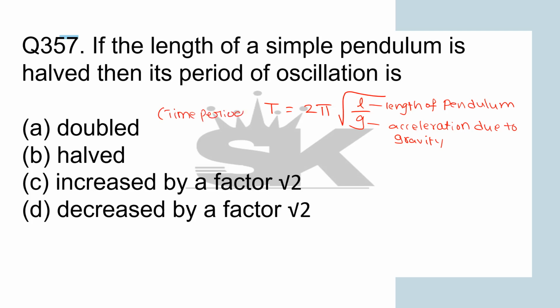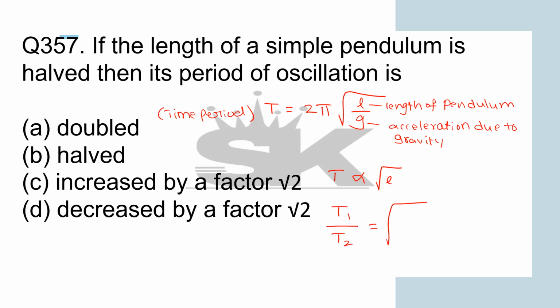So here he is asking, what if the length is half? What will be the time period of the pendulum? For that, T is directly proportional to root L. Let's take two situations. T1 is for the original length, T2 is for the reduced length.